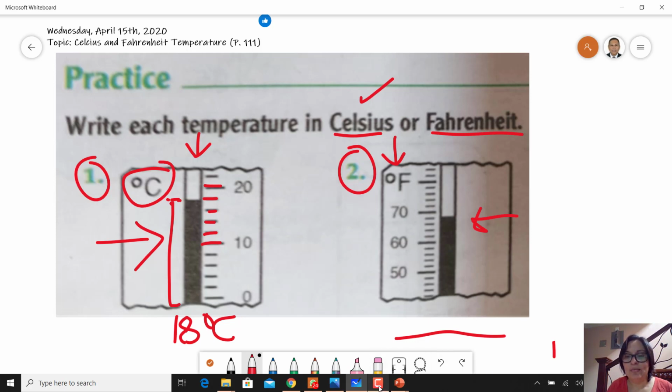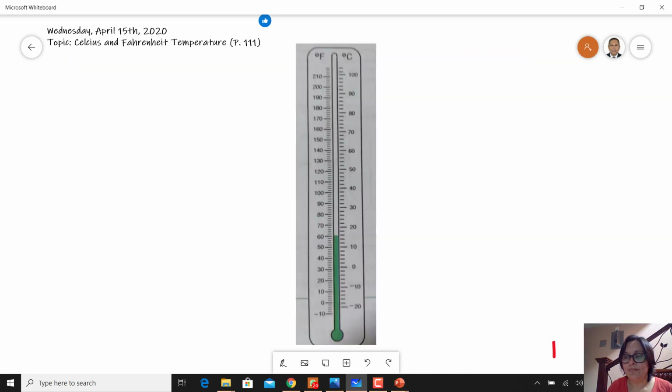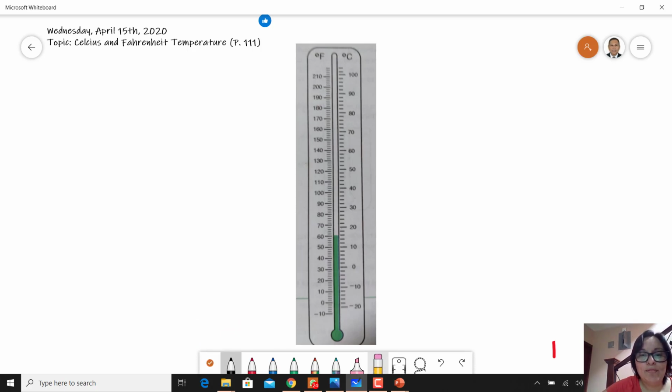So you have a thermometer like this one, okay, like that one. And for example, number 5 says, what is the temperature in the Celsius scale? Here we have the Celsius scale.